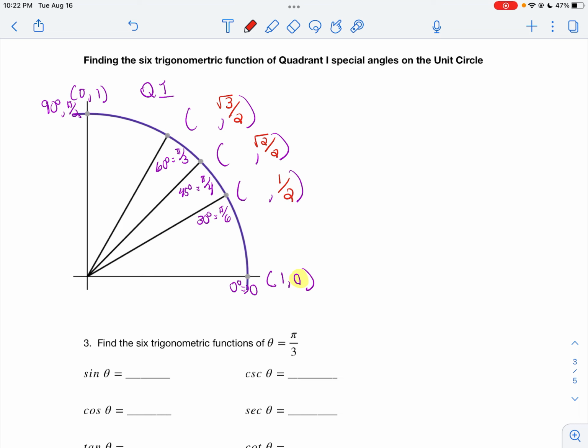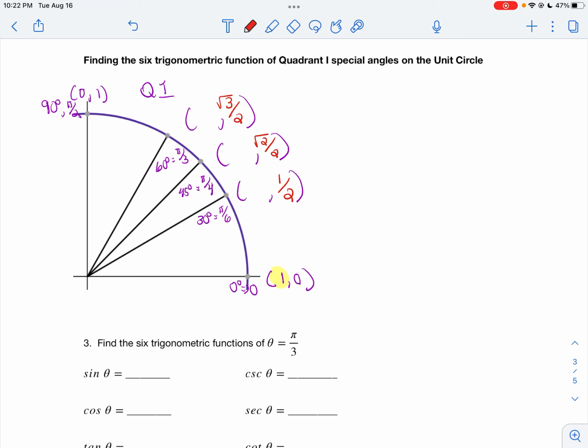So the sine of pi over 6 is 1/2. The sine of pi over 4 is square root of 2 over 2. The sine of pi over 3 is square root of 3 over 2, because sine is equal to the y when it's on the unit circle. Okay, now I'm going to do the x values, or the cosine values.